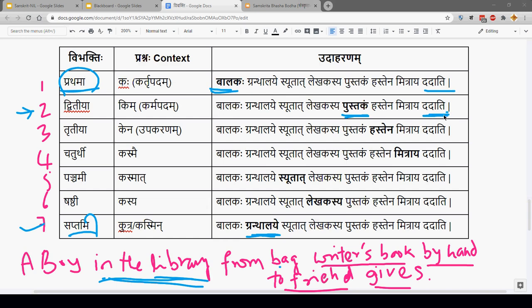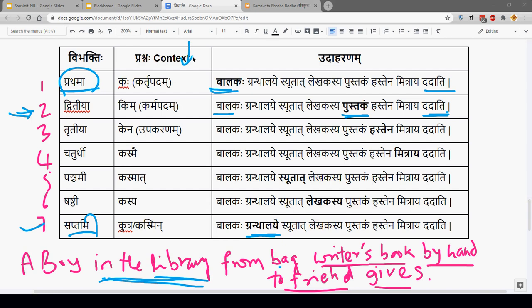Dadati is the action, giving. The boy is giving, but what is he giving? The giving action is being performed on this book. That is why the second case affix comes here.